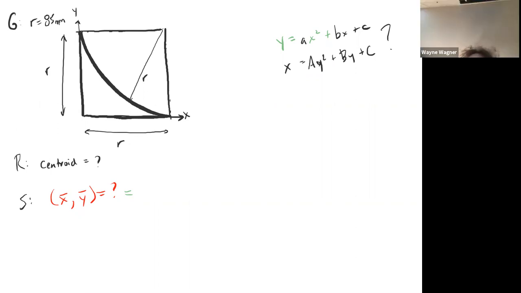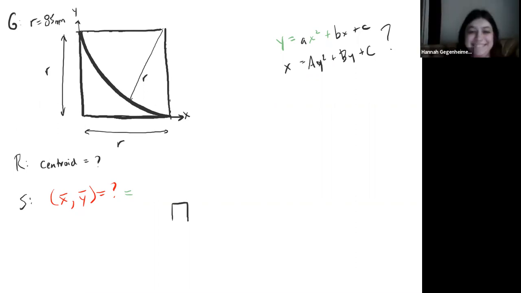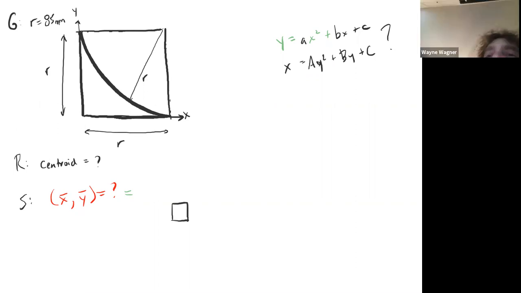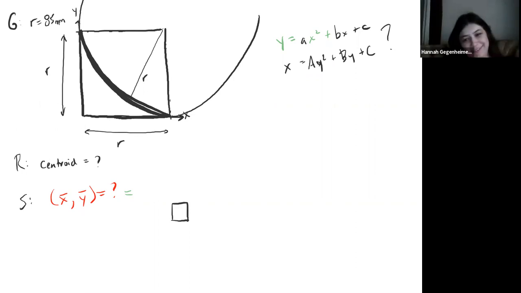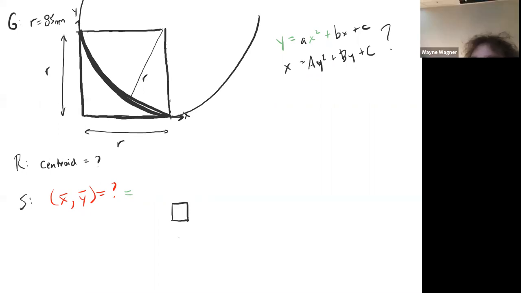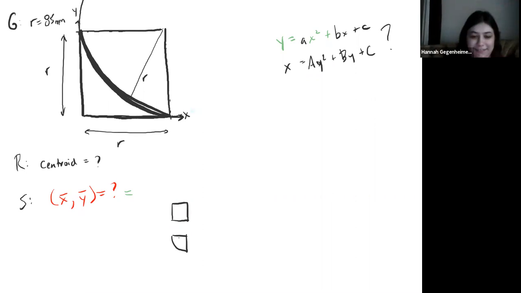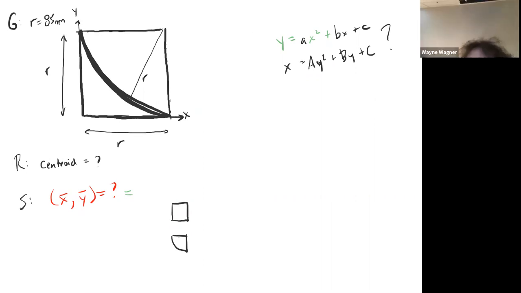Like a square? All right, cool. We got a square. What is this one right here, if I were to keep going and assuming I could draw better? A circle. Good. So we've got a square and, in this case, a quarter circle. It's not a parabola, it's a quarter circle.